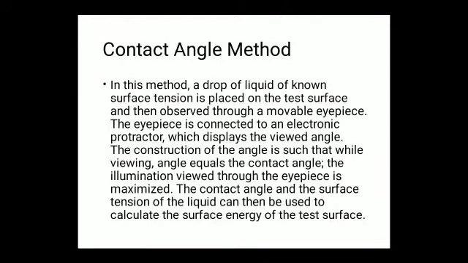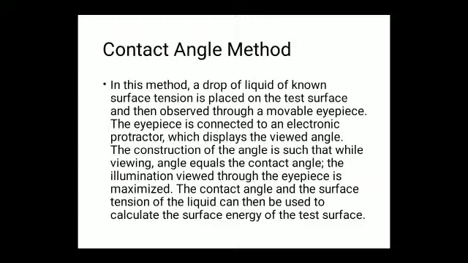The second method is the contact angle method. In this method, a drop of liquid of known surface tension is placed on the test surface and then observed through a movable eyepiece. The eyepiece is connected to an electronic protractor which displays the viewed angle, the angle between the surface of the liquid and the test surface.